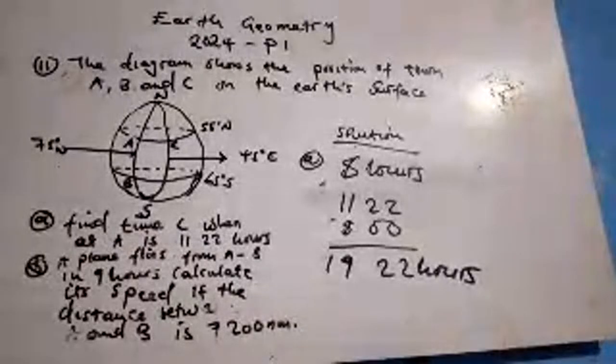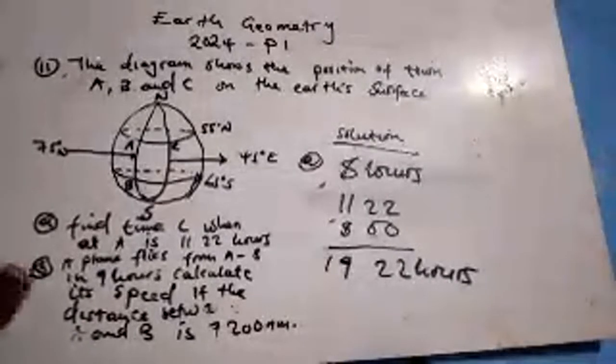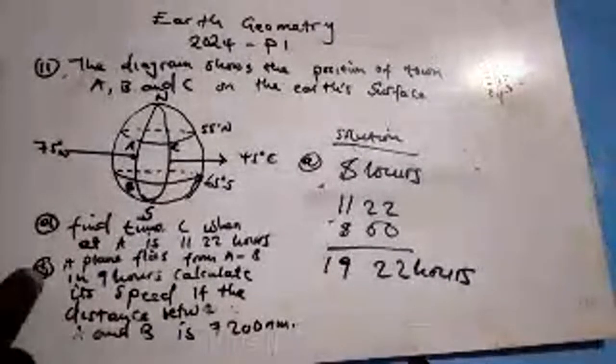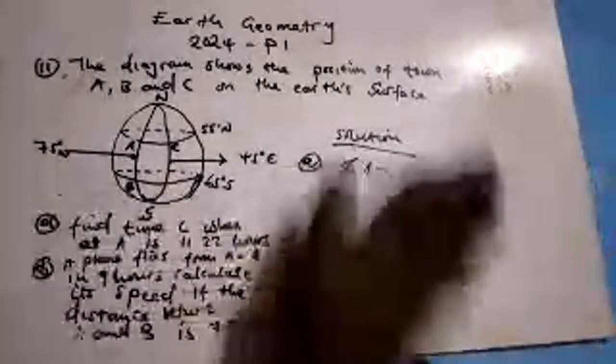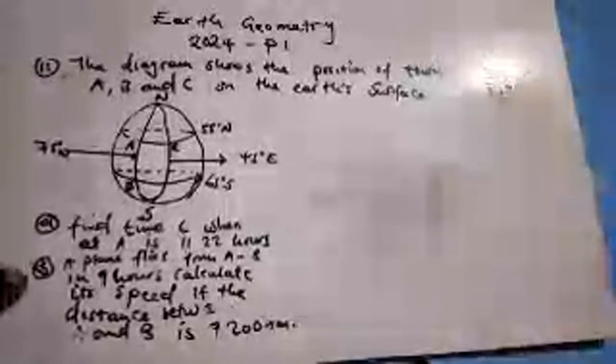Okay, so now let's move on to question B. For those who have just joined us, make sure you share this video with your friends as we are moving to another question.